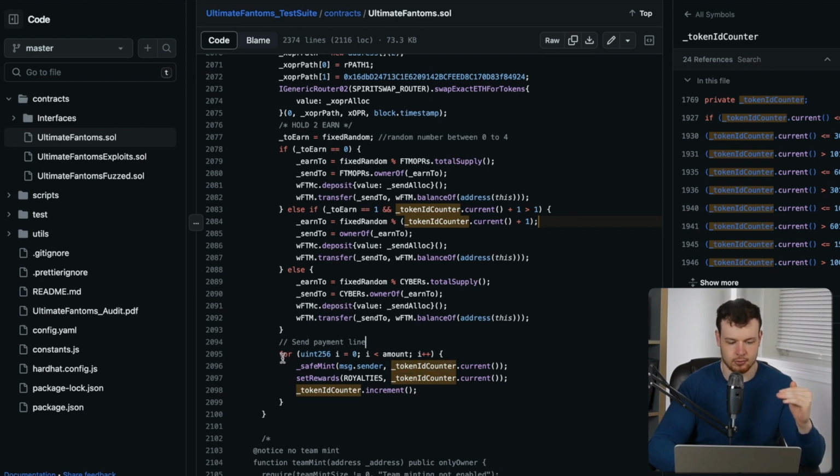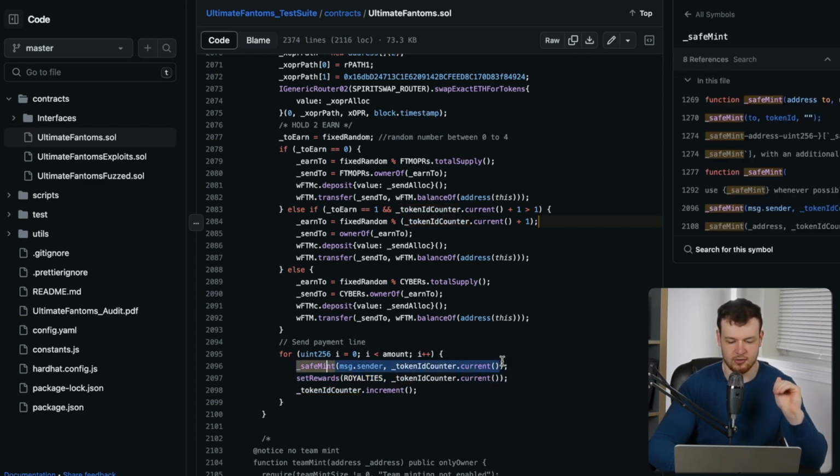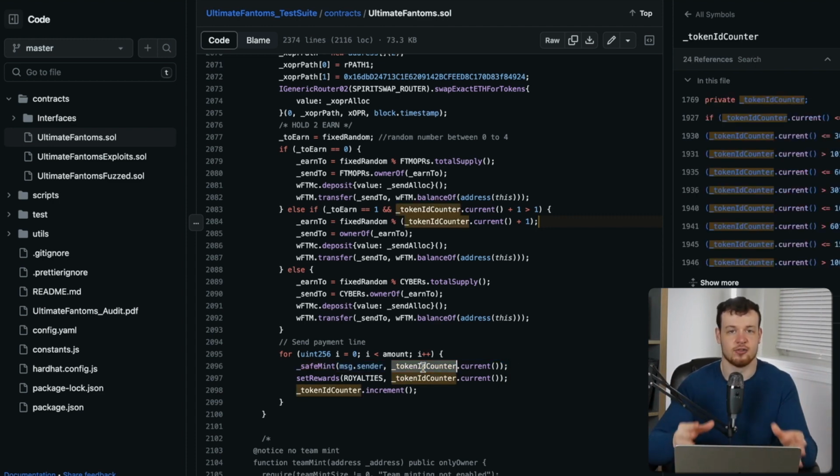So let's say we're on line 22094 here, and we haven't entered this for loop yet. The token ID counter, that ID for an NFT, does not exist yet. It only exists on these two lines, right, before we actually increment the token ID counter. On SafeMint, after this is executed, now and only now does this token ID counter ID actually exist as an NFT.